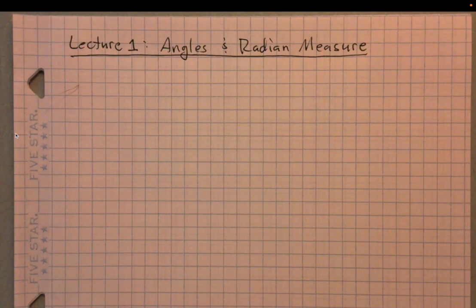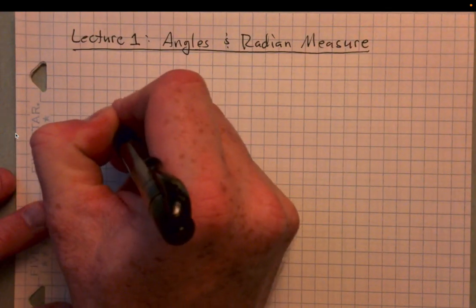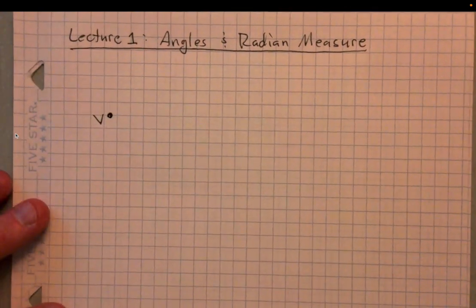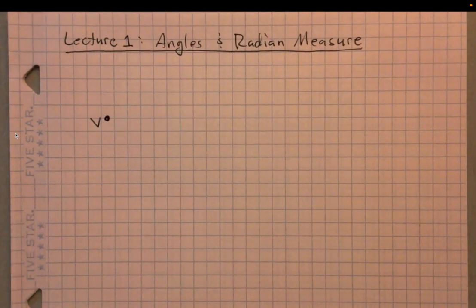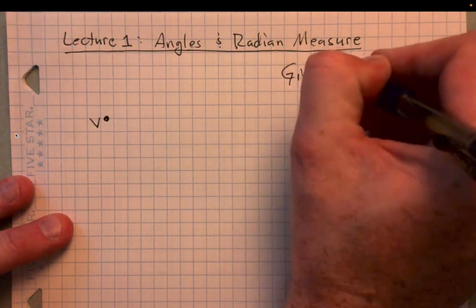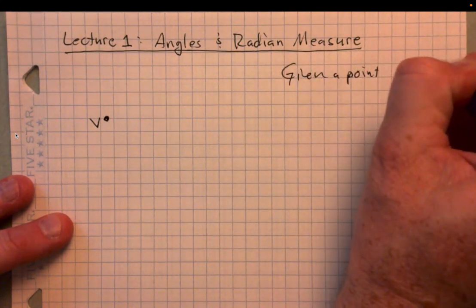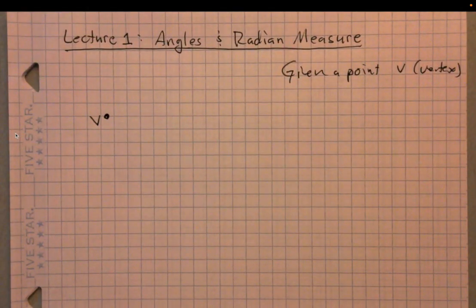So let's start with, what do we mean by an angle? Given a point V, which in this context stands for vertex, we can extend a line called a ray.